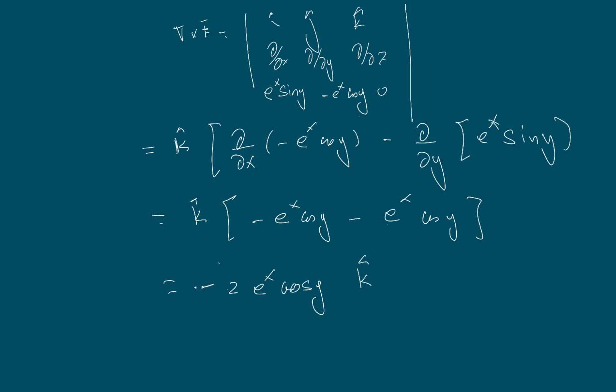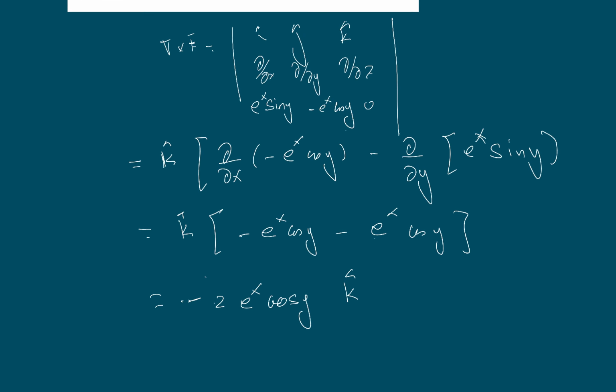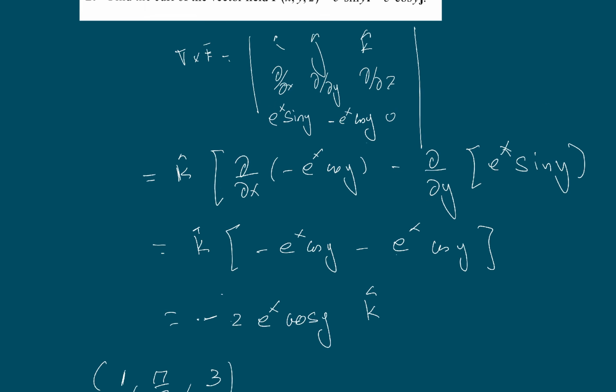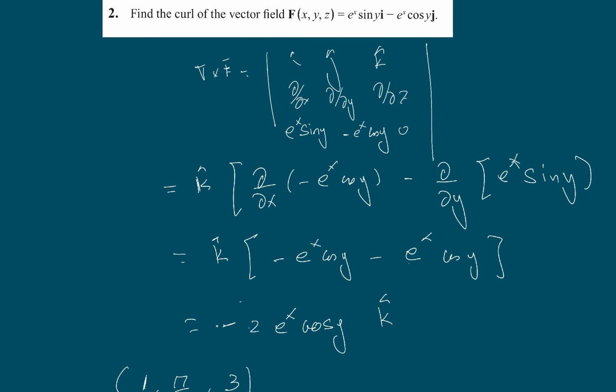So for example, at the point x, y, z equal, let's say, 1, pi divided by 2, and 3, z equal 3, first of all, we notice that the tendency to rotate of this vector field doesn't depend on z, because indeed the vector field doesn't depend on z.